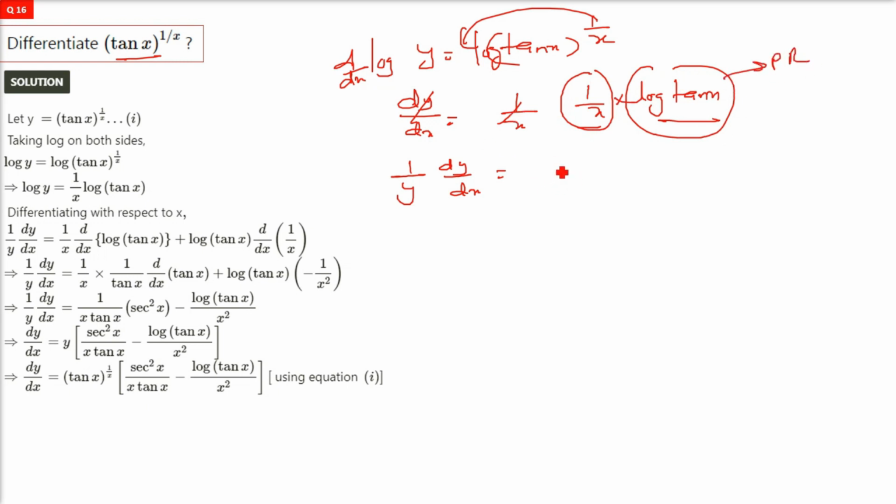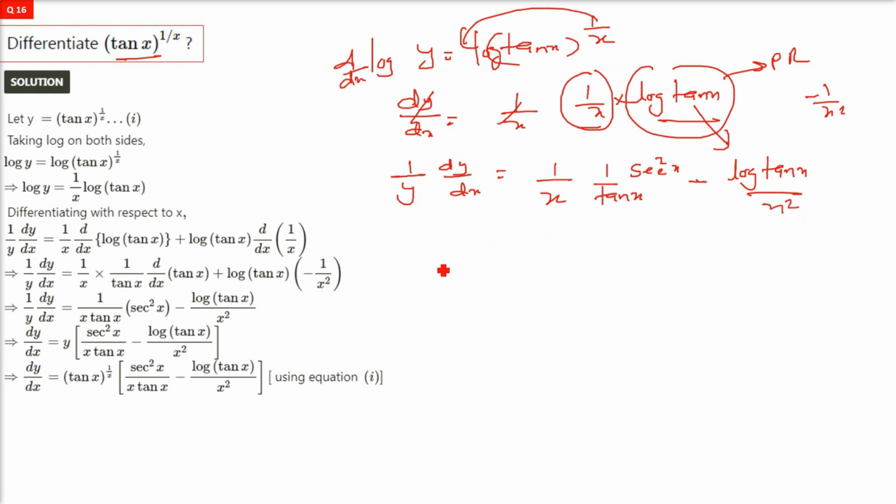So we'll take 1 by x outside, and log 10x is 1 by 10x, and the differentiation of 10x is sec square x. Then we have, I'm not putting the sign because I can see there is a negative coming. So log 10x I'll take out, and the derivative of 1 by x is minus 1 by x square, that we have seen already. So minus 1 by x square.